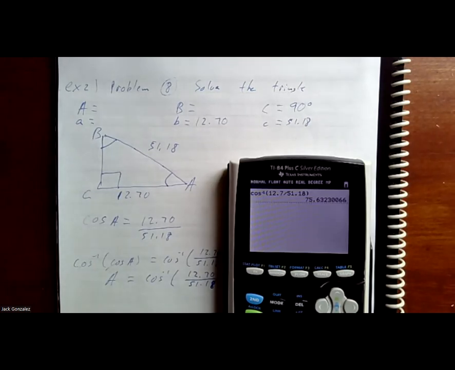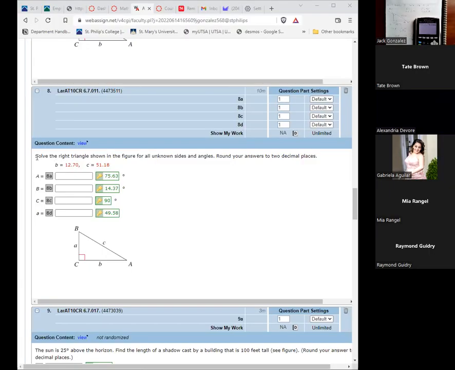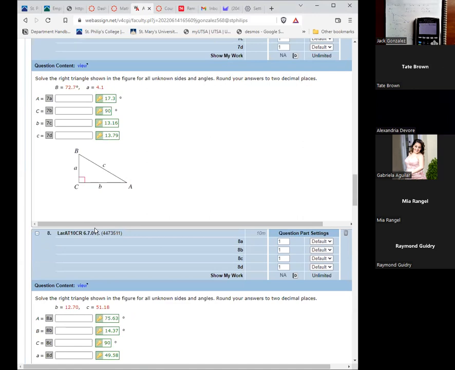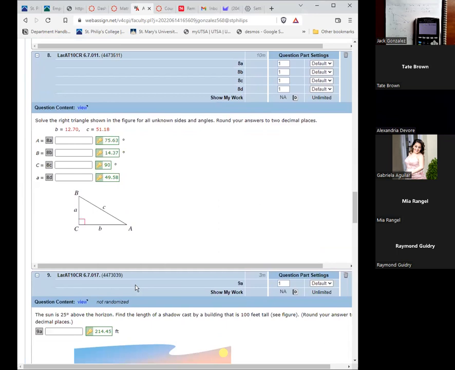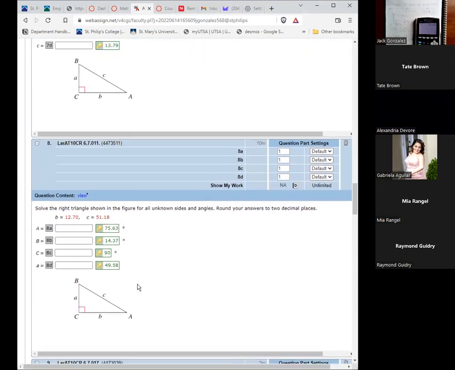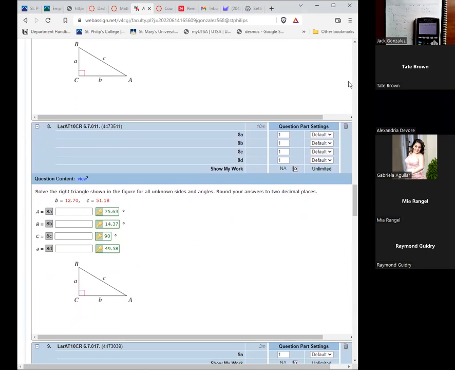Yeah, honestly, if you look at the question, I think this is their screw up. Check it out. They did not mention degrees or anything. I knew it was degrees because I saw the answers. So I think they should have told us. That's not cool of them, but it looks like all of them will be in degrees for solving triangle problems. So there might be an assumption being made here, which is fine, I guess.